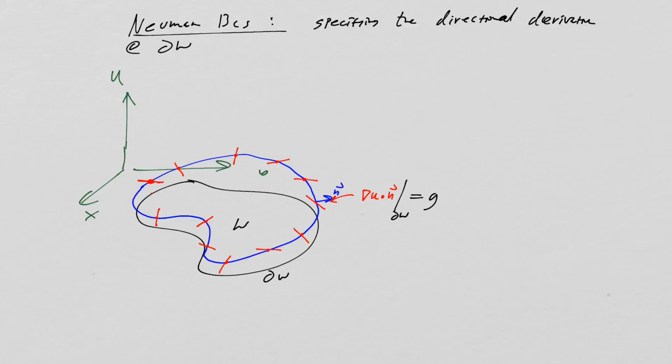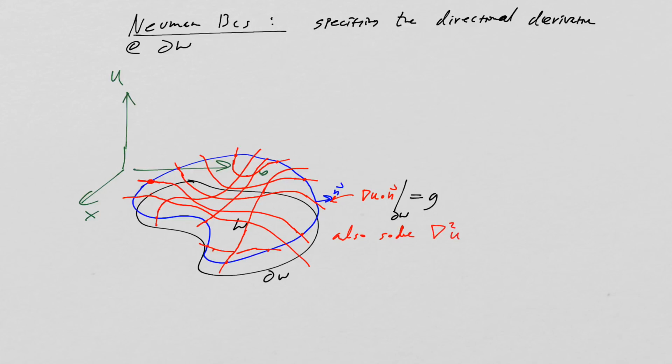So what you want to find is a solution that will have the slope on the boundary that we specify, but will also solve grad squared u is equal to 0. Also a harmonic function, it's just a different type of boundary condition.